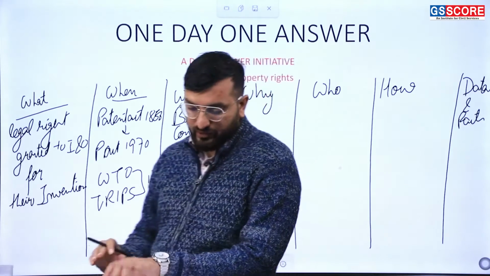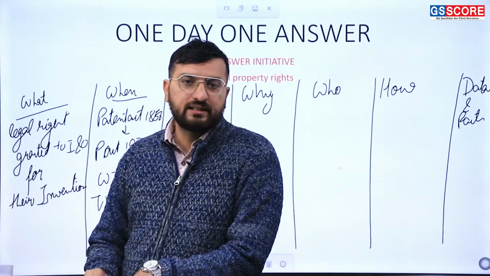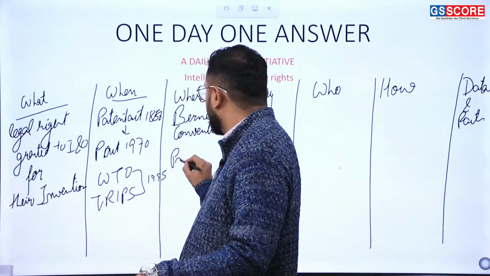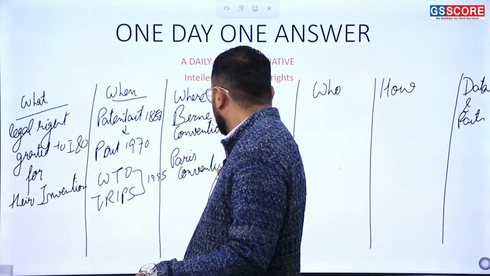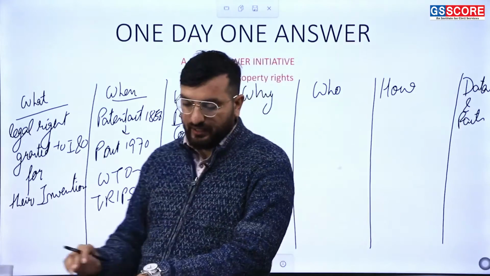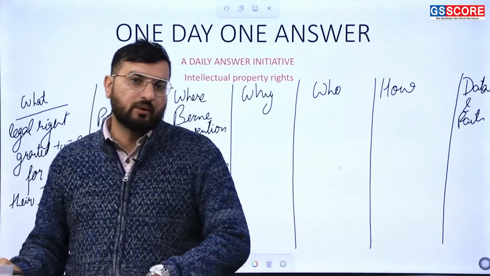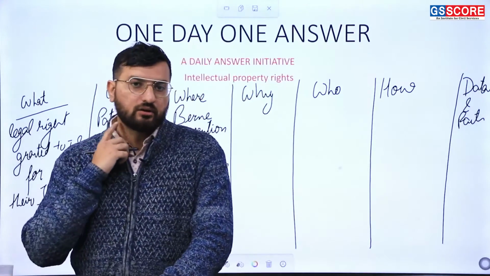The Berne Convention is for artistic and literary work. The Paris Convention is regarding industrial property. So there are a lot of international organizations and conventions.